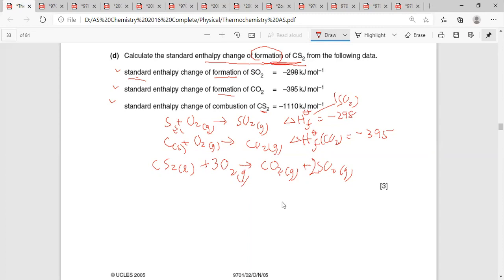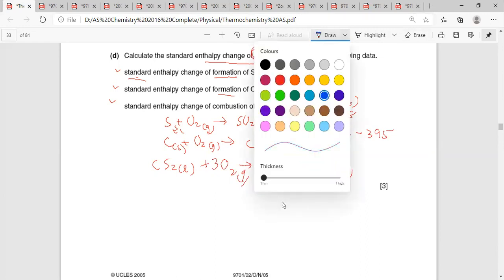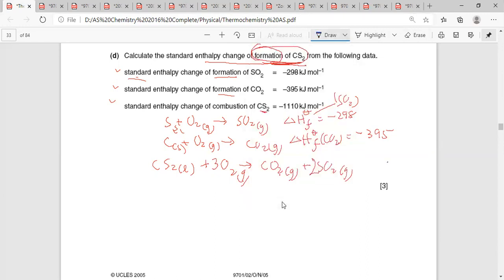Now first I must write the equation for the formation. We'll put it in blue color so it's easier for you to distinguish. The equation gives me 1 mole of carbon disulfide liquid, formed from its elements.